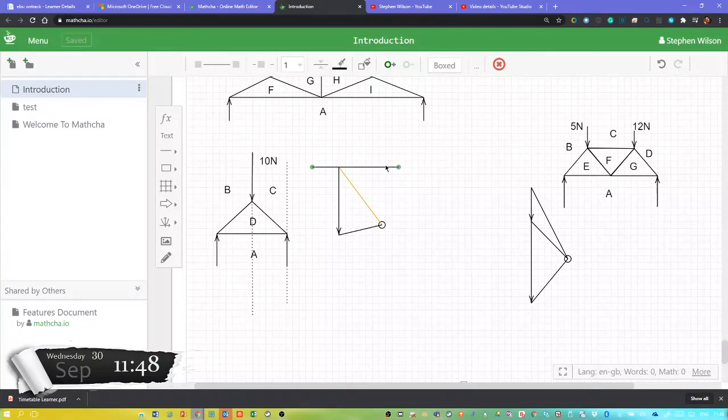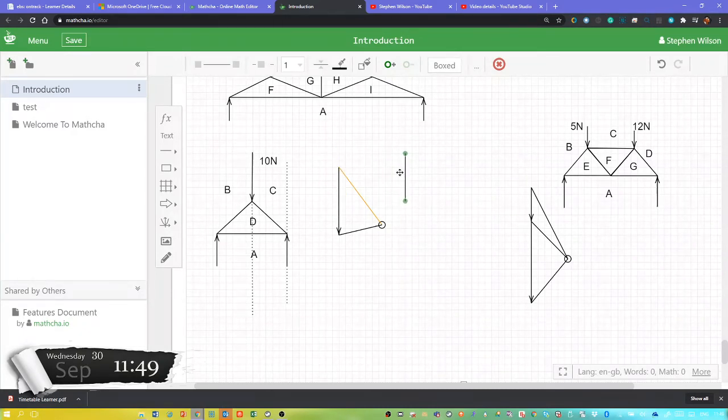When we need to draw the line parallel, we measure the same angle. If we held our protractor vertically, we could measure that angle, or we could measure that angle.